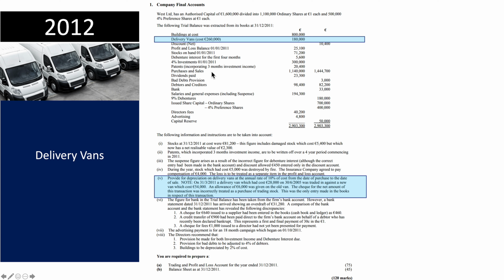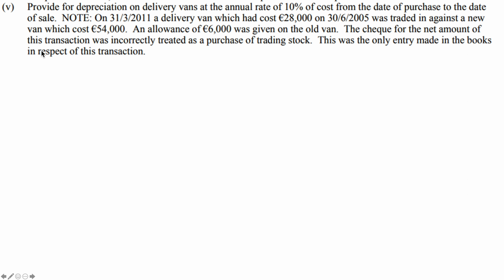Then we've got 2012, which is West Limited. So they had delivery vans 260,000, and they had accumulated depreciation then of €80,000 because the net book value was 180. So it was note number 5 there. Provide for depreciation on delivery vans at the annual rate of 10% of cost from the date of purchase to the date of sale.